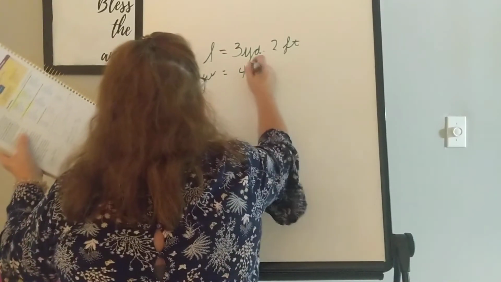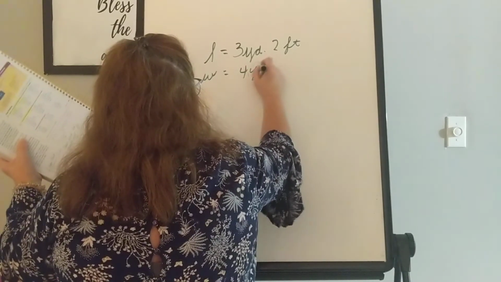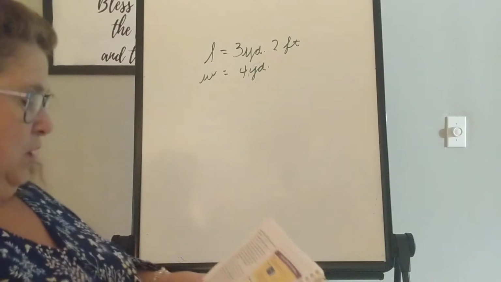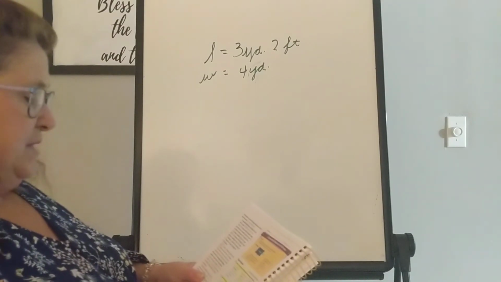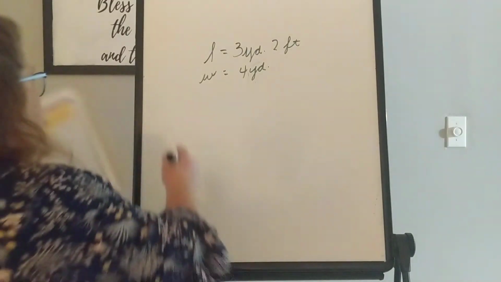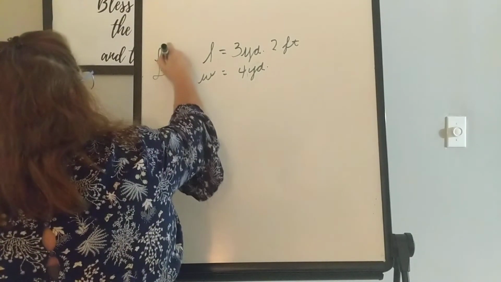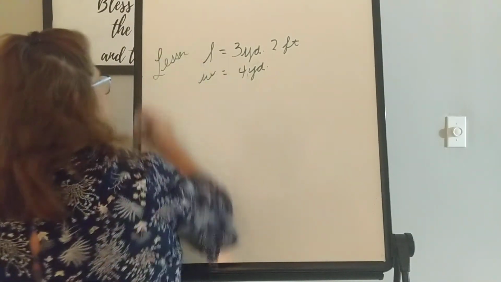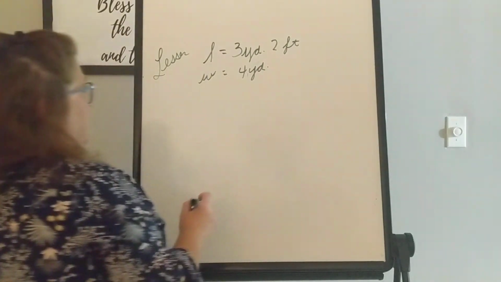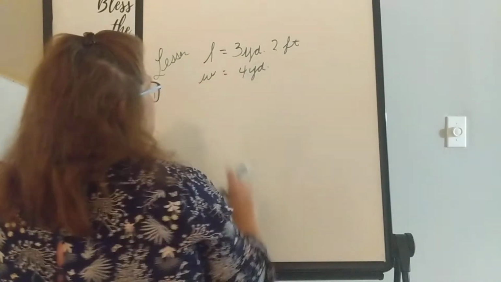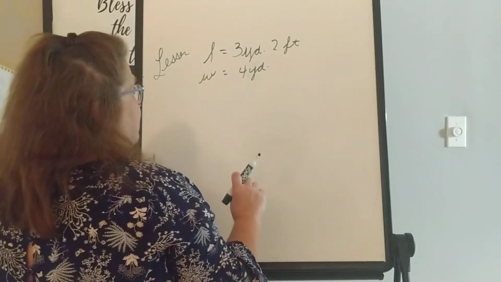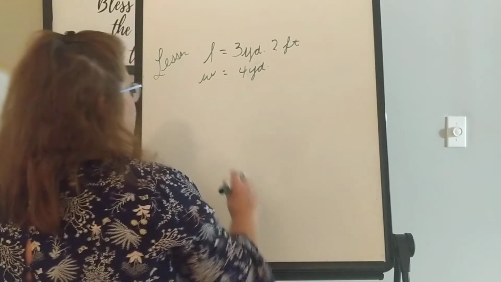I am going to read my directions and see what I am converting my measurements to. Convert to the lesser unit before finding the perimeters of the rectangles. What is my lesser unit? My lesser unit would be feet. So I'm going to have to convert my 3 yards to feet, and my 4 yards to feet.